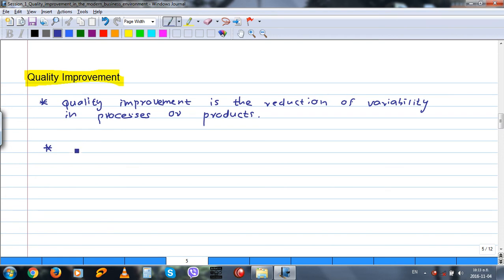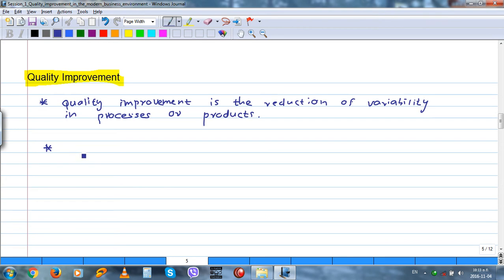Or we can say in this way also, quality improvement is wastage reduction. Sometimes we waste money, time, and also effort. If we reduce these wastages, that is also an improvement.